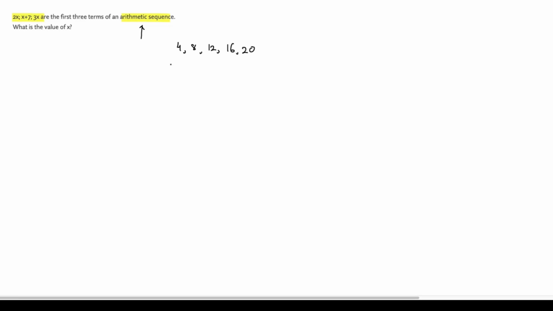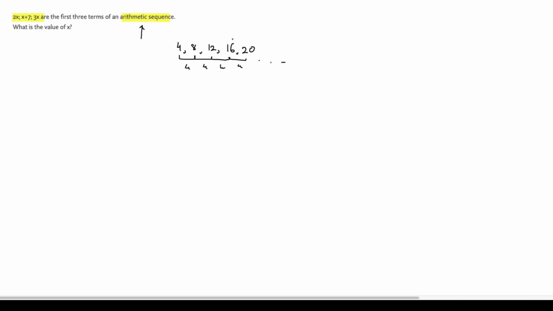So now this is an arithmetic sequence because we can see that the difference between each term and its next is the same. There's a common difference, and that common difference is 4, right? We know that 8 minus 4 is 4, 12 minus 8 is 4, 16 minus 12 is 4, 20 minus 16 is 4, and this is going to keep going on for the remainder of the sequence, okay?